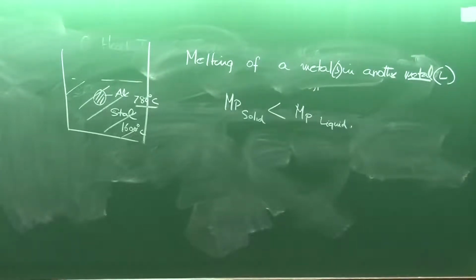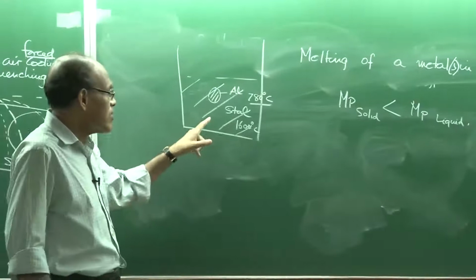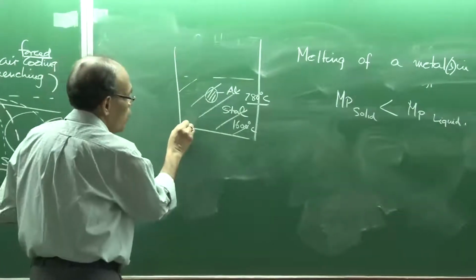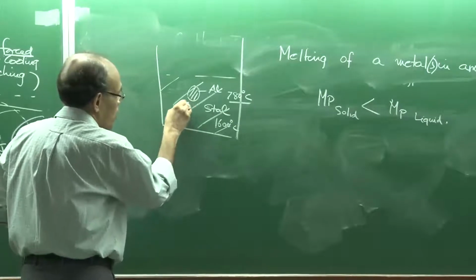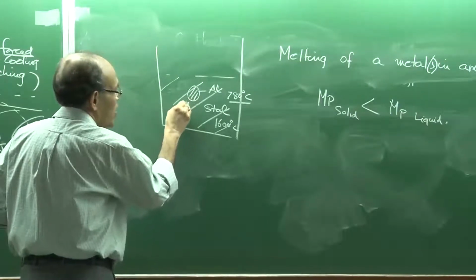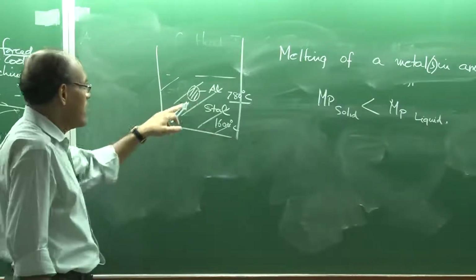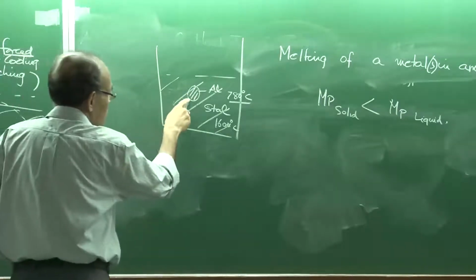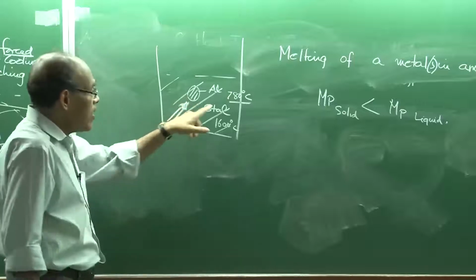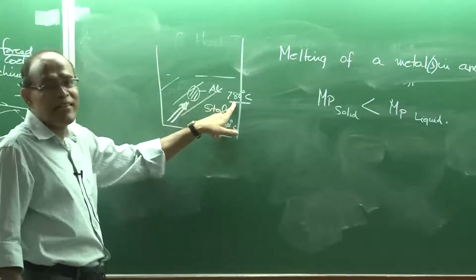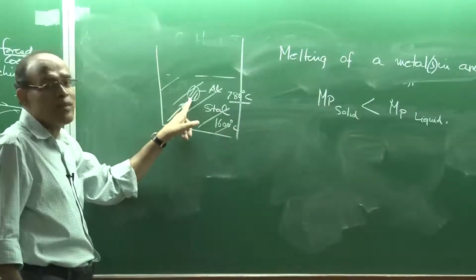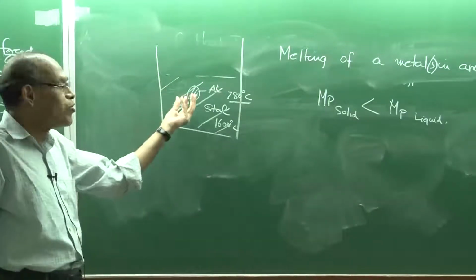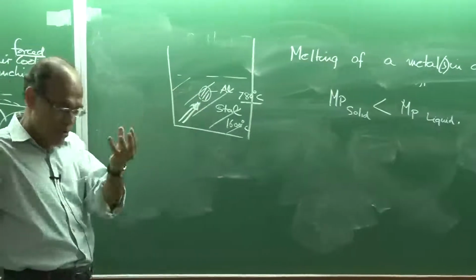Now, the melting basically results in a transfer of heat from the melt to the solid surface, and if this heat which is transferred to the surface is sufficiently large such that the surface can attain a temperature greater than 780, in that case that point will be liquid. Now, I have shown it to be a spherical geometry for the sake of convenience.